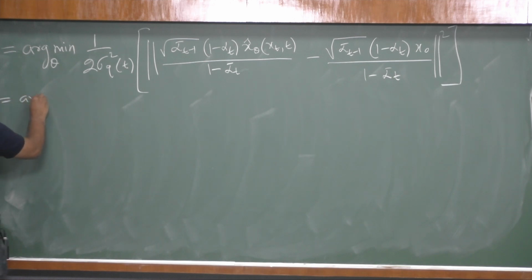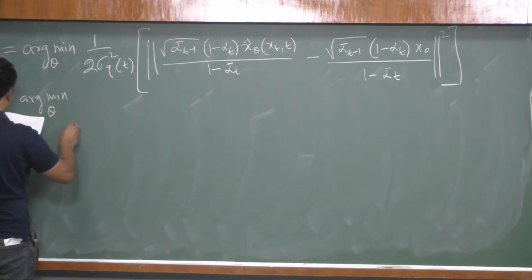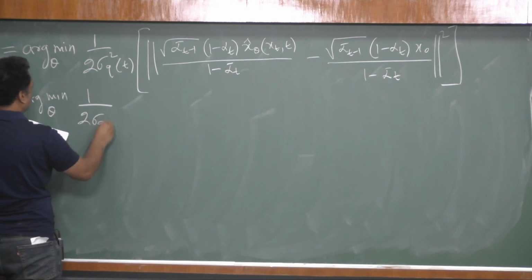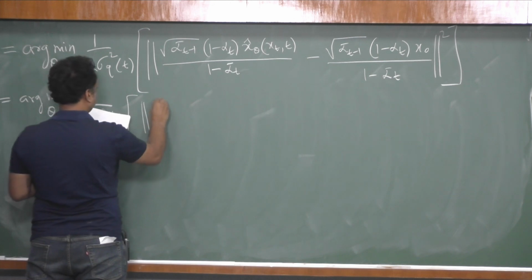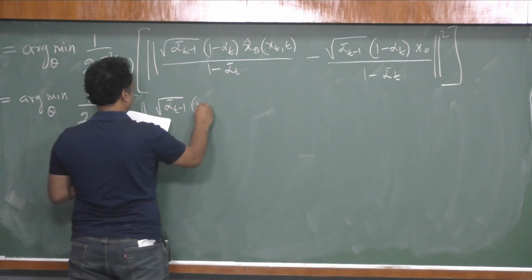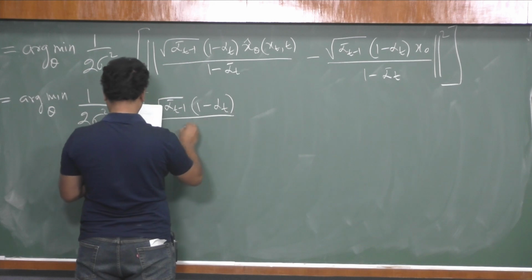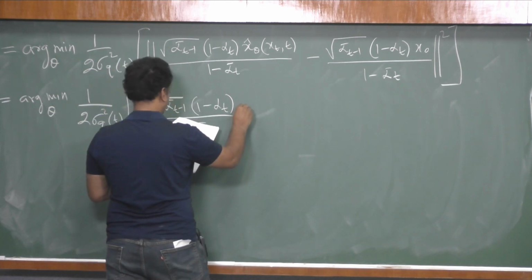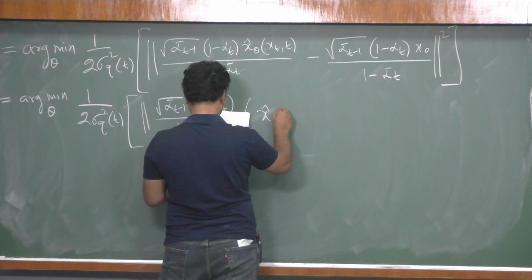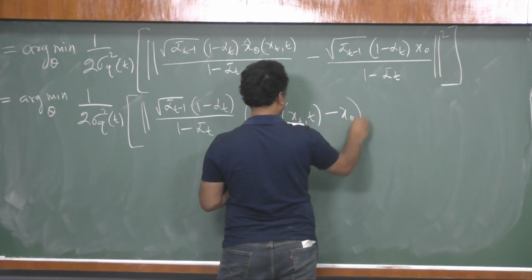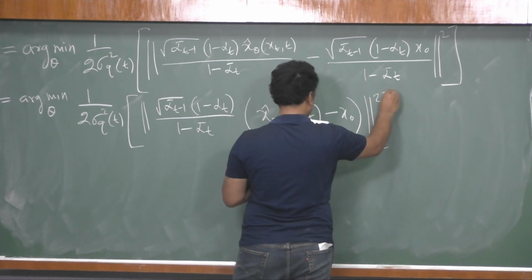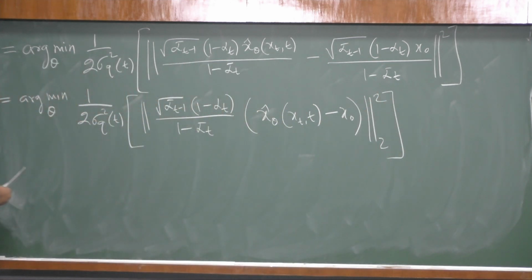So then we will get arg min of theta of the common coefficient, square root of alpha bar t minus 1 (1 minus alpha t), times the norm 2 squared of x hat theta of x_t, t minus x naught. So you've taken the common terms, and then we will take this out of the norm also.